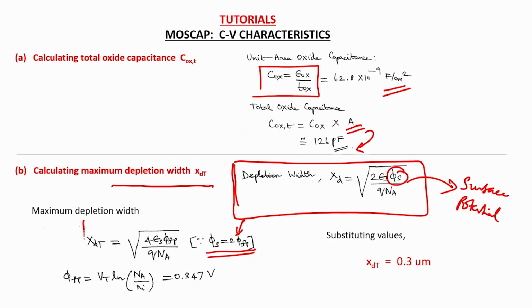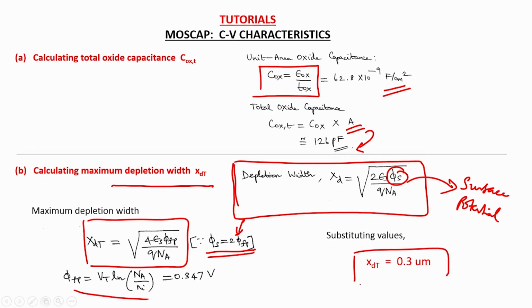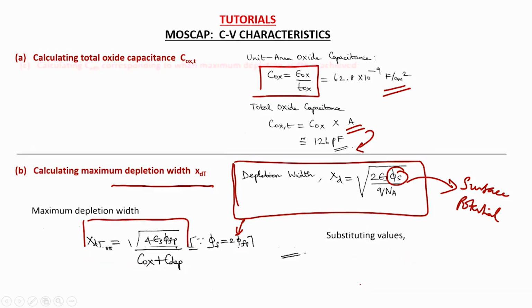So your maximum depletion width takes the form root of 4 epsilon s phi fp by QNA, and we know that phi fp is Vt ln Na by Ni. So plugging in known values, you can find that the maximum depletion width is 0.3 microns.